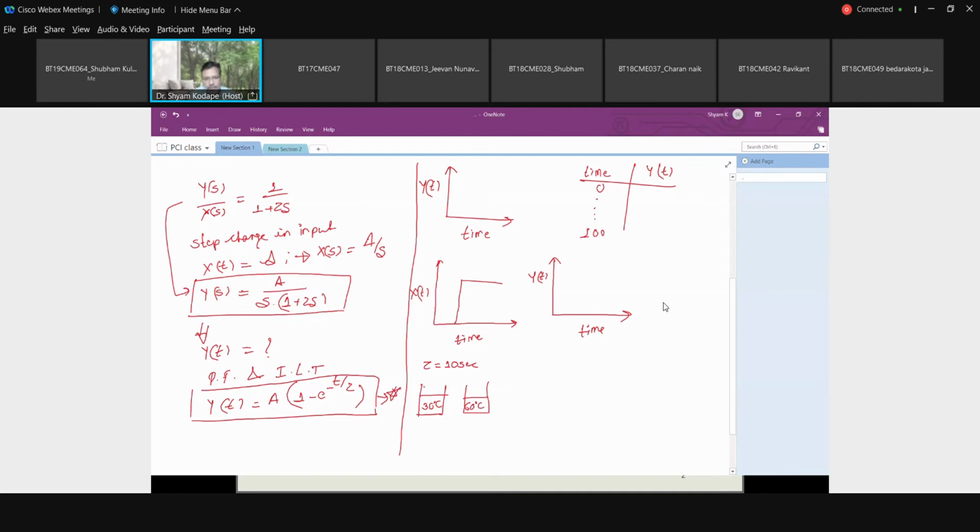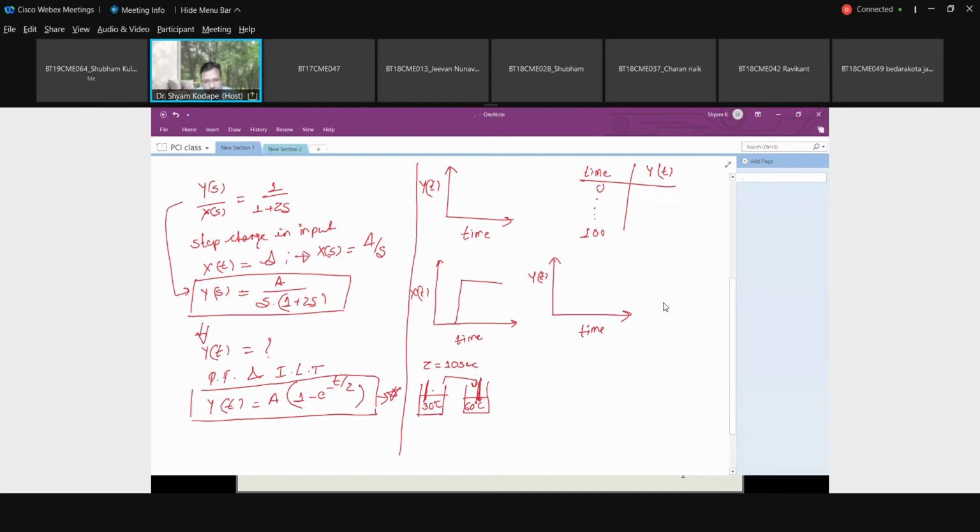I have placed the thermometer here. This is a thermometer, which I am just representing by a vertical line. After the thermometer reaches a steady state temperature of 30 degrees centigrade, it is suddenly placed in a hot fluid at 60 degrees centigrade. I am immersing it into the 60 by removing it from the 30.